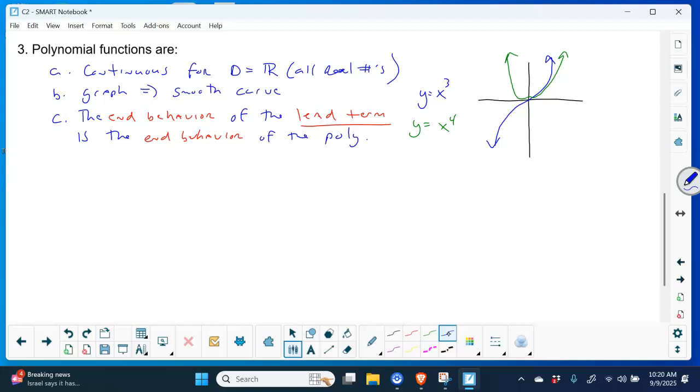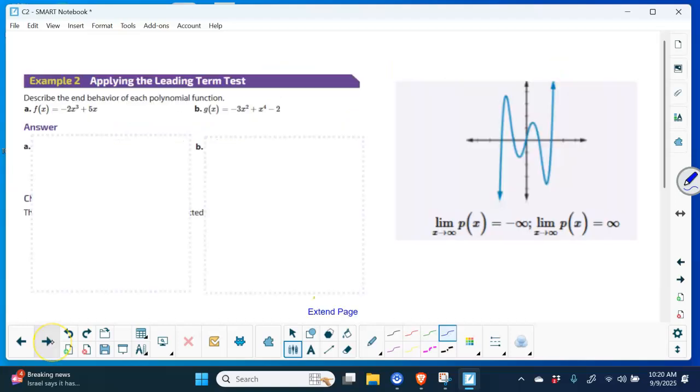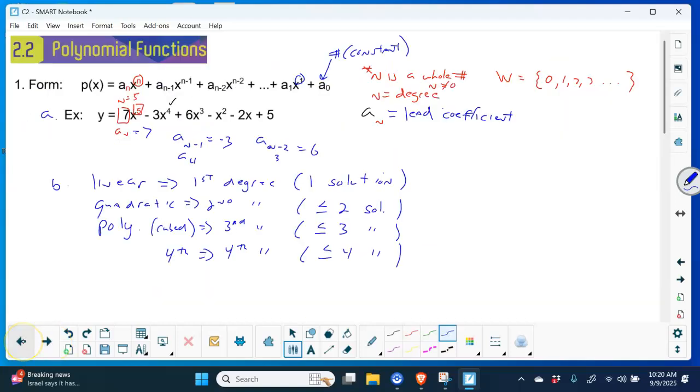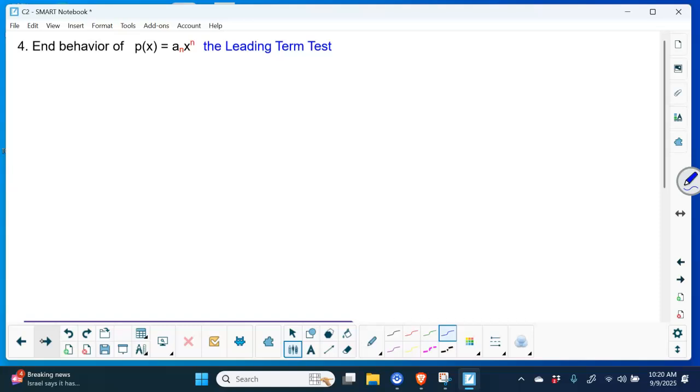Okay, so let's write some things. Okay, so end behavior of p of x equals a sub n x to the n. So this is called the lead term test, okay? And remember, n is just the highest power, and a sub n means the coefficient of the variable of the highest power.